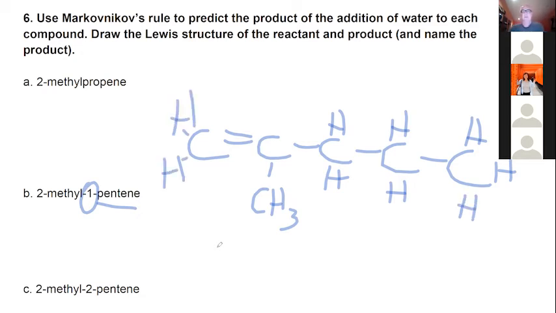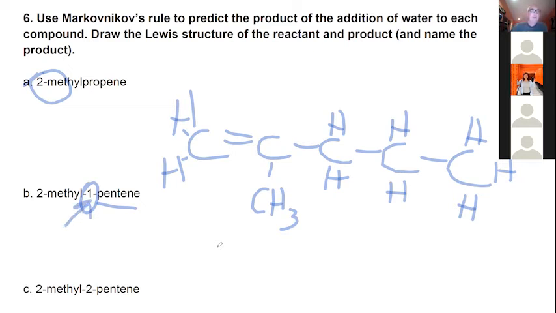Okay, so again, carbon 2 is not going to have any hydrogens attached to it. So yeah, actually it's exactly the same, because we have a methyl at the 2 position and the first carbon has a double bond.